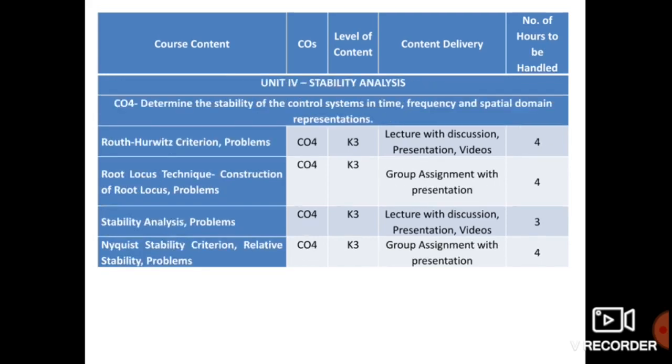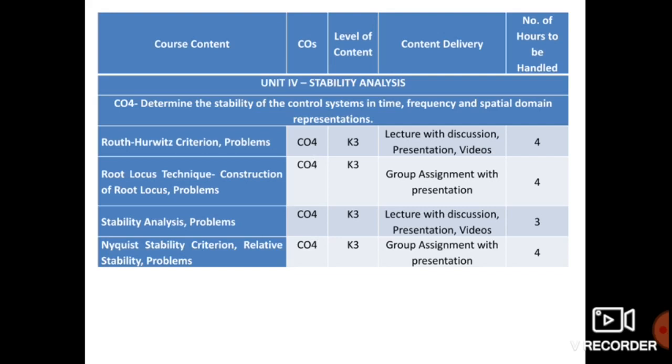Next, unit 4 is stability analysis. As I said earlier, for any system we have to analyze the stability of that particular system. Here the stability of the control system is analyzed in terms of time domain, frequency domain, and spatial domain representation.